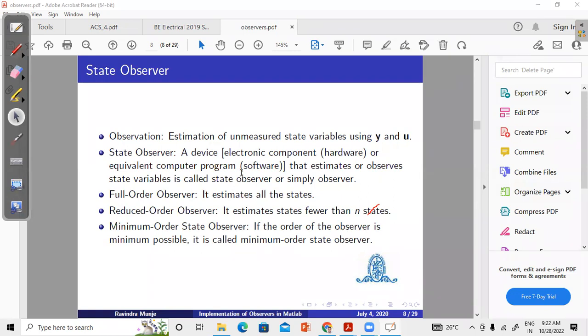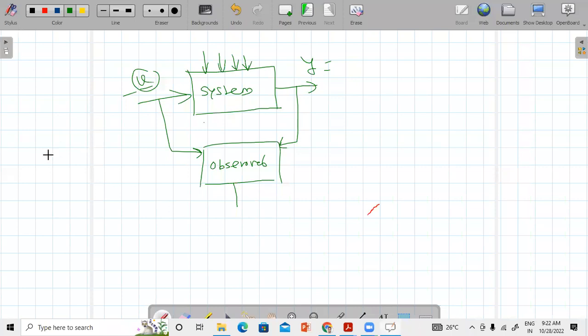In the case of a DC motor, we have two states, armature current and omega m, speed. If we are estimating both Ia and omega m, then it is called a full order observer. We are estimating all the states.